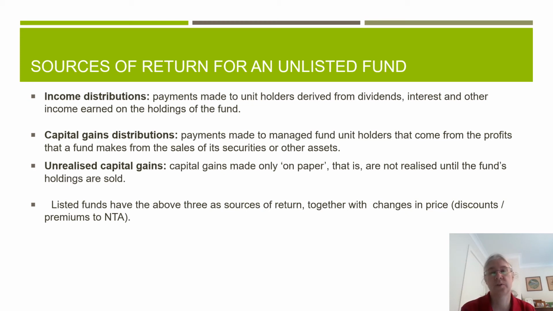There could also be unrealized capital gains. Now remember, we've discussed this before. It's unrealized, it's only on paper. So they've made a capital gain, but they haven't actually got it. It's not real in their hands. It's just something that exists on paper. So listed funds have these three different sources of return: income, capital gains, and unrealized capital gains. And they also have changes in the price, discounts or premiums to that net tangible asset.